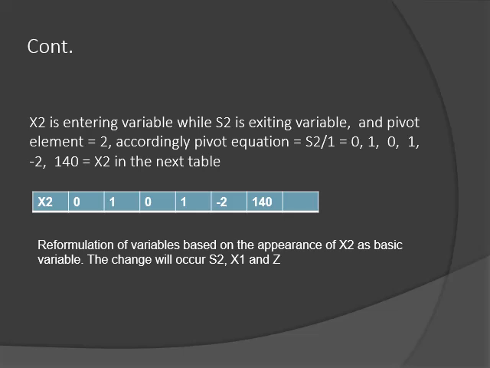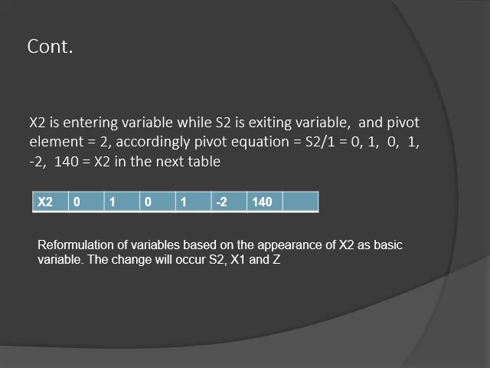As we mentioned before, x2 is the entering variable while s2 is the exiting variable and the pivot element equals 2. Accordingly, the pivot equation equals s2 over 1.